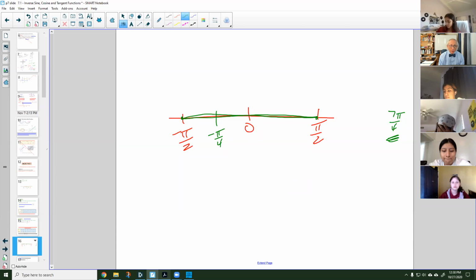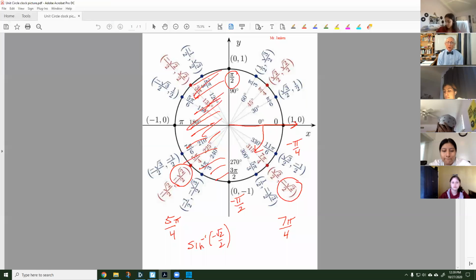So it gets a little bit tricky, but I'm still on the right side of the unit circle. I can't go to 7 pi over 4 because to get to 7 pi over 4, I would have to go in this direction and cross through forbidden territory, and I would get eaten up by the orcs. I'm not allowed to do that.